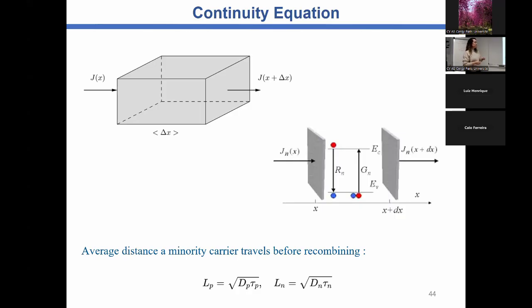This means that we are having a recombination or generation of charges. And we can also know it in terms of the length of recombination of your electrons or holes, in terms of carriers.